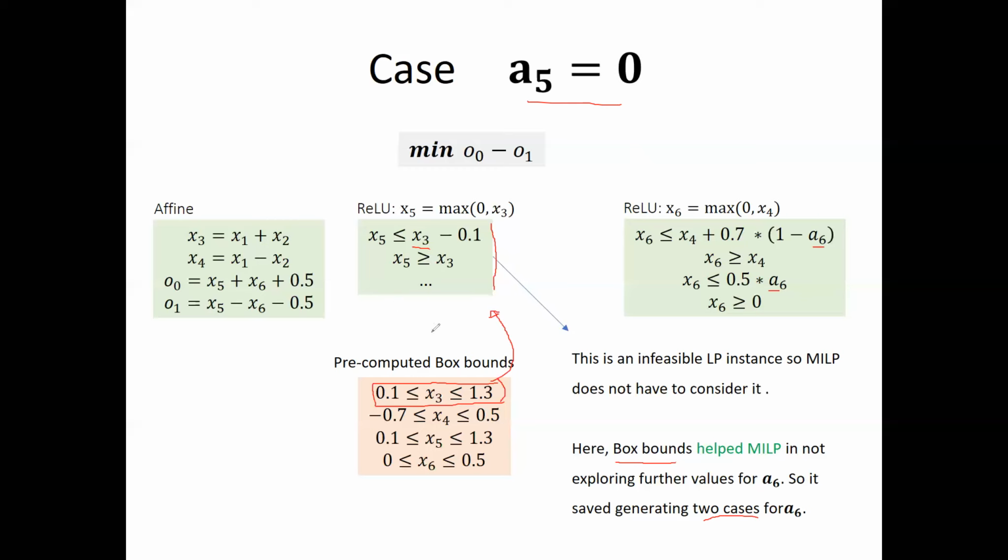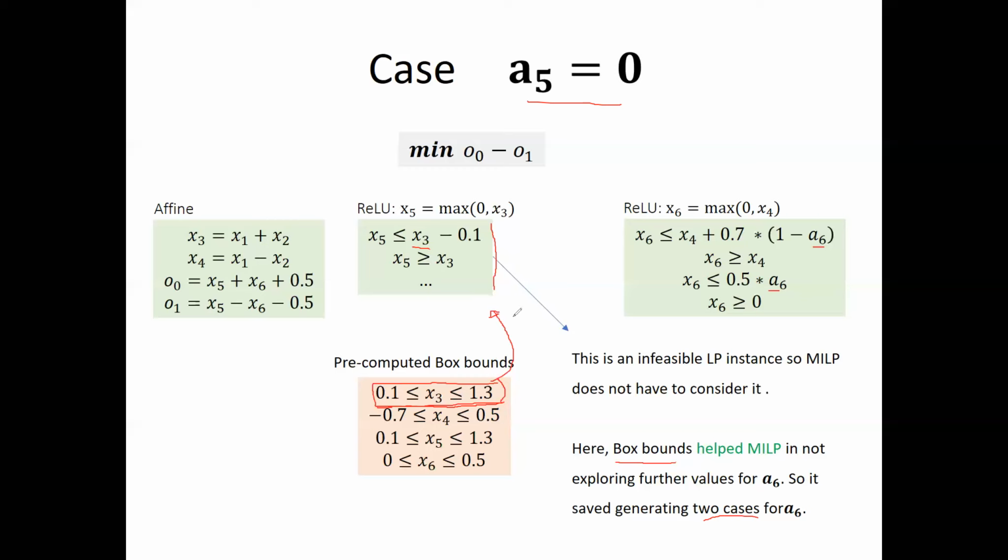Notice that even if you had computed tighter bounds for X3, because it's a relatively loose over-approximation here, for instance something like 0.5 to 1.1, then you'd still be unsatisfiable.